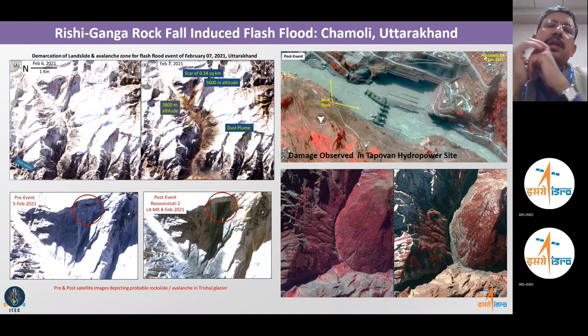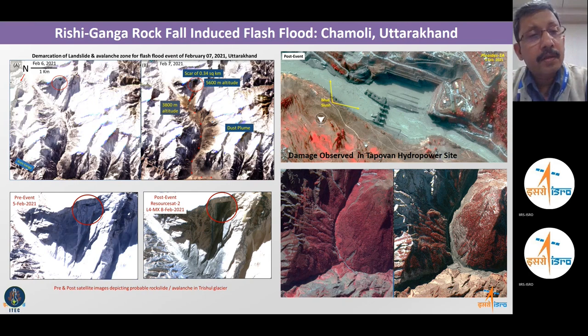Then we have the Rishiganga rockfall induced flash flood, which we had in Uttarakhand in 2021. This is a very classic example of how one event can lead to a cascading of events resulting in a major disaster.